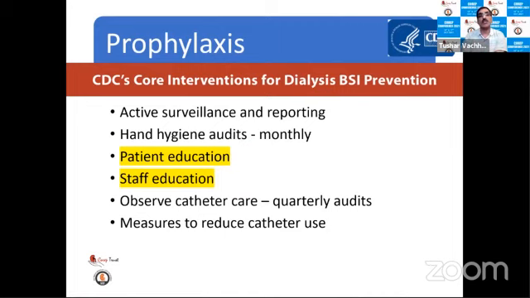So that's the core. If the patient is dependent on a catheter for dialysis until the patient gets an AV fistula or an AV graft, it's imperative that we take utmost precautions to prevent bloodstream infection or bacteremia. Again, active surveillance and reporting is essential.